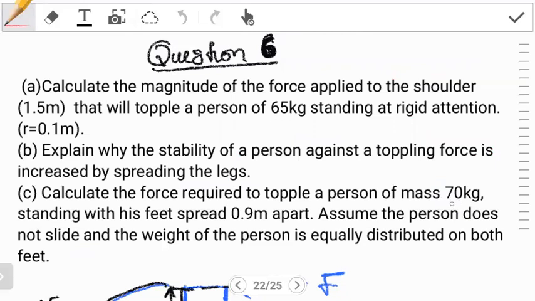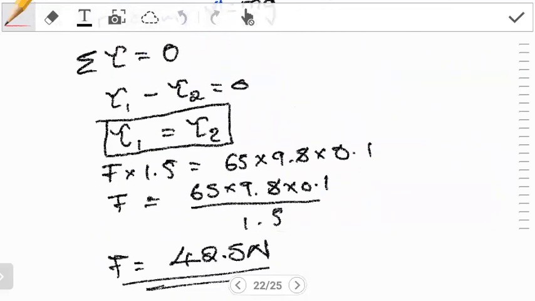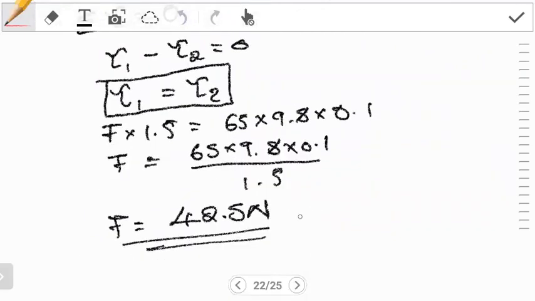In this question, we are being asked to work with 70 kg. So I'll leave it to you guys to also try working this out with 65 kg and observe that the force you end up with is going to be greater than the force that we ended up with in this scenario.